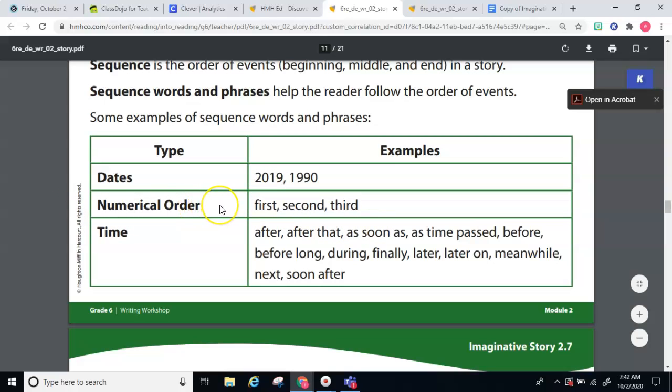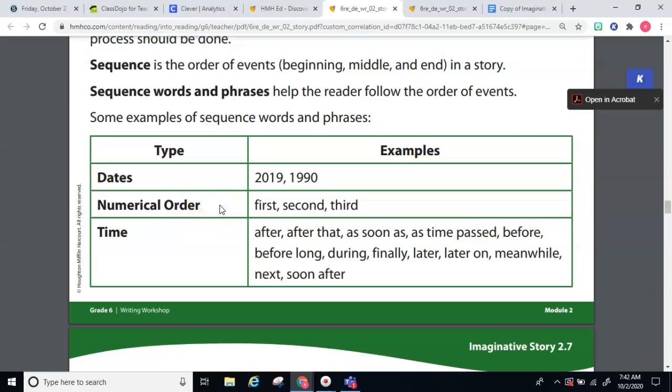You can talk in numerical order by using first, second, third, fourth, and so on. Or another example is time. You can use words such as after that, as soon as, time passed, before long, during, finally, later on, meanwhile, next, soon after.